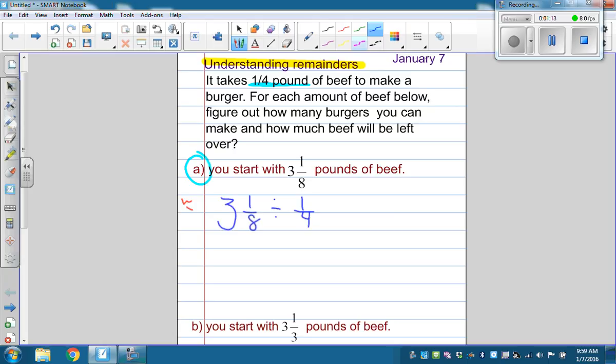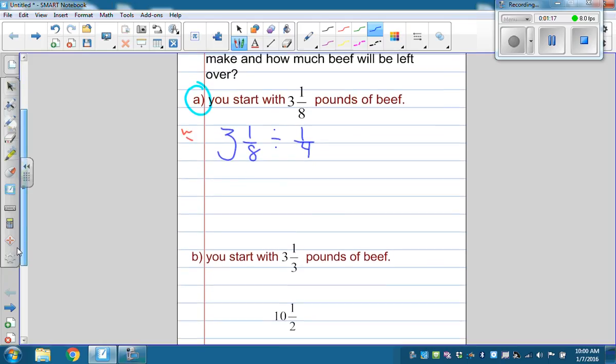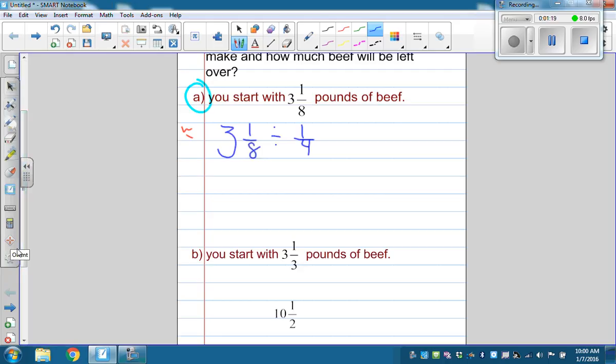So what happens next? Well, then you have to make even denominators. Common denominators, so we're going to multiply by 2. So that's really 2/8, right? So 3 1/8 divided by 2/8. Keep going.